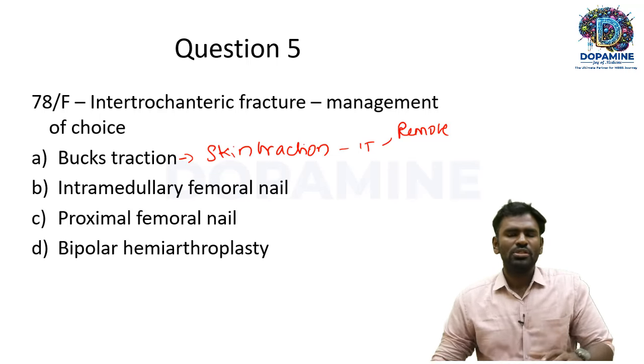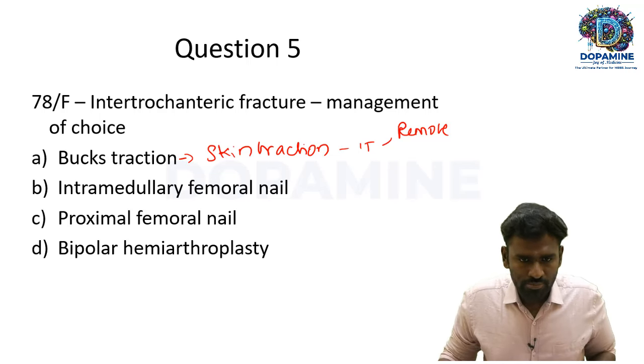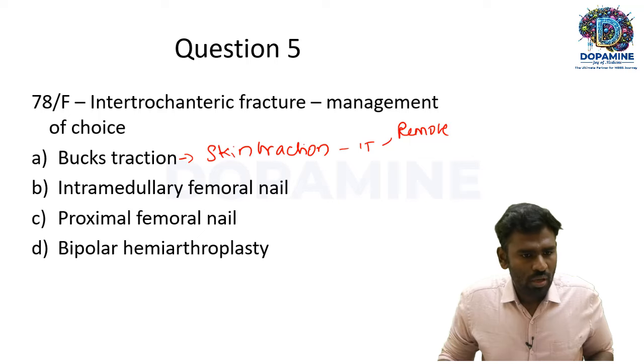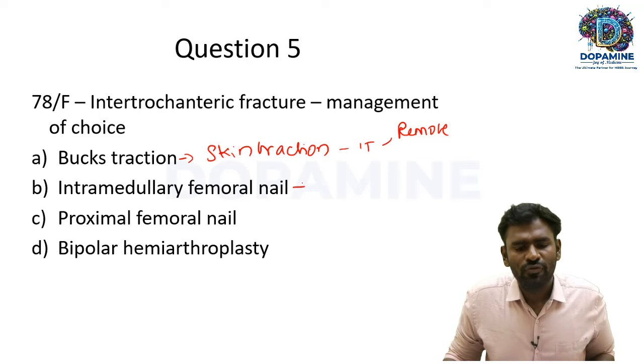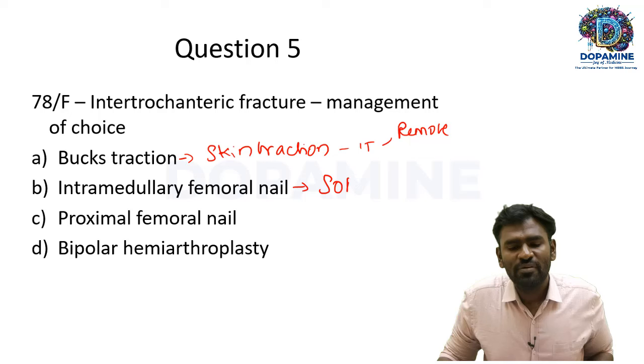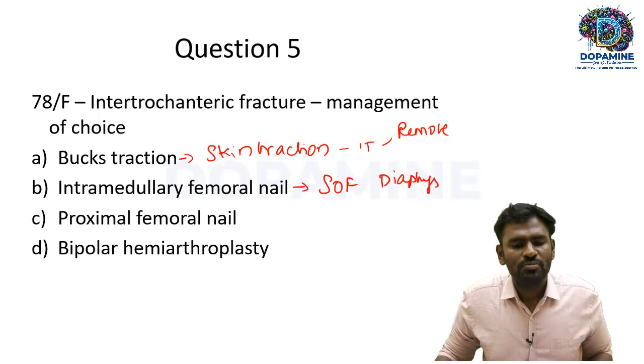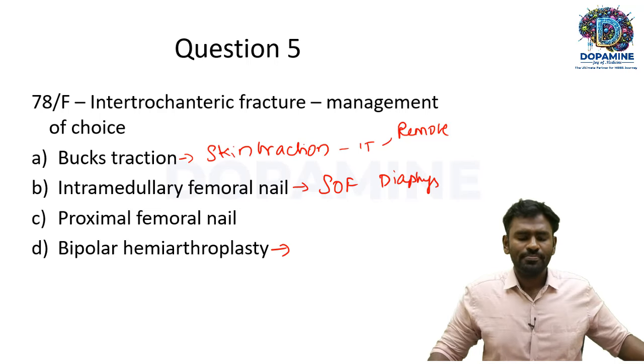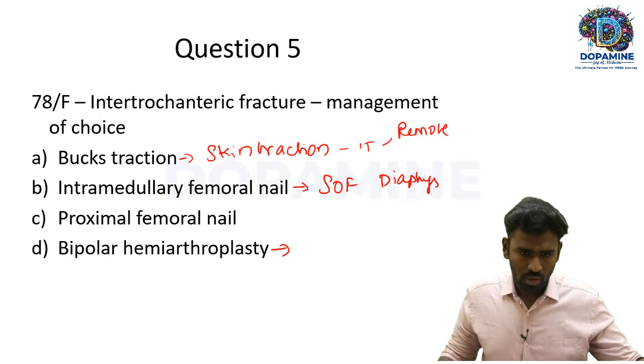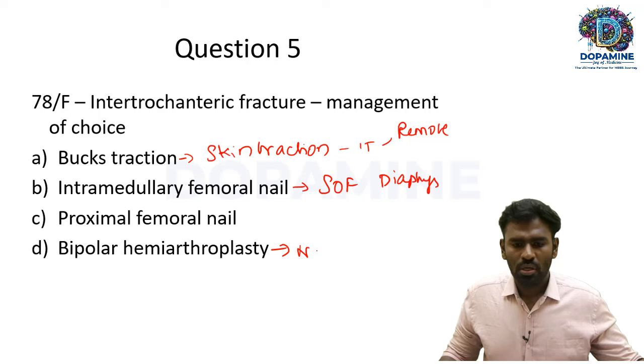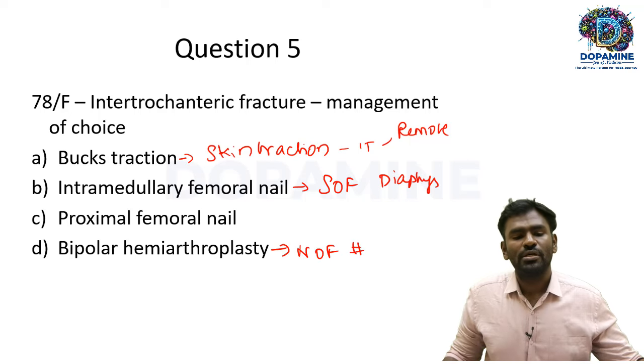So you could just give him that. Apart from that, intramedullary femoral nail. This is used for shaft of femur fracture, the diaphyseal fracture, right? Yeah. Next, bipolar hemiarthroplasty. It is used for neck of femur fracture.